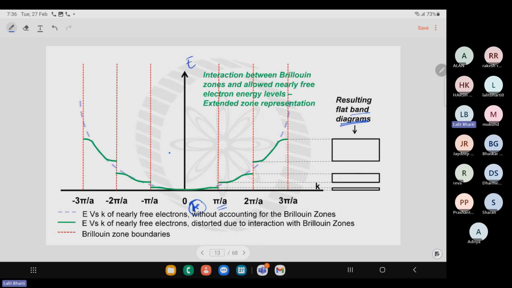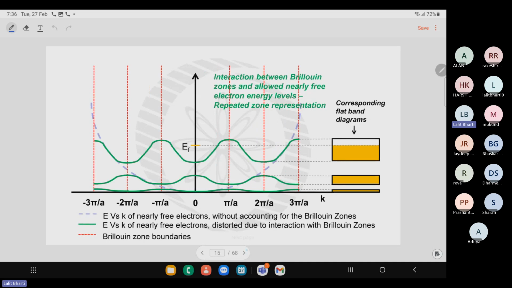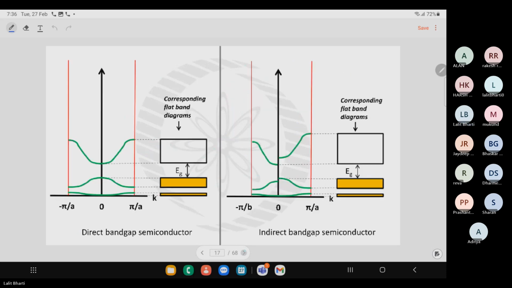Wave vector depends on the position of your atoms in reciprocal space. Reciprocal space is basically the inverse picture of your real space. So from the arrangement of atoms you get these E-k diagrams, these energy levels. From the energy levels, you get the band diagrams. So it may be partially filled or completely filled, depending on the type of atoms and the arrangement of atoms.